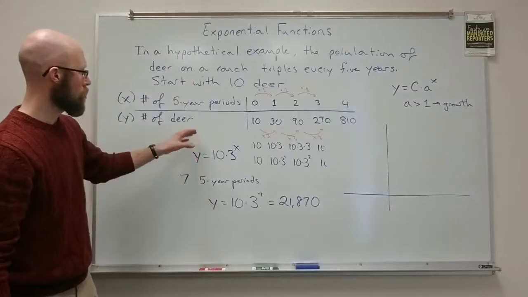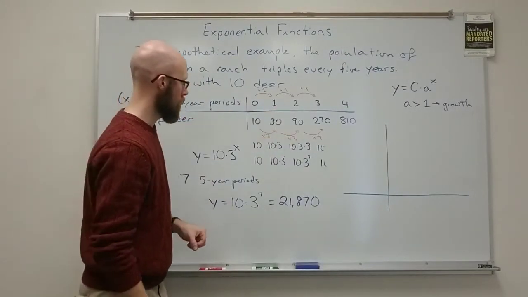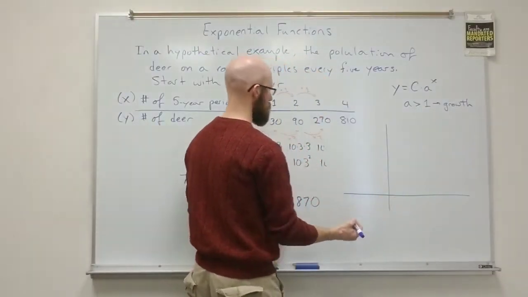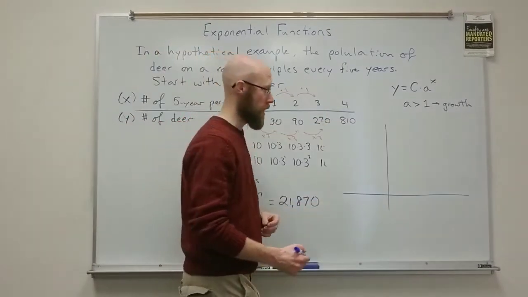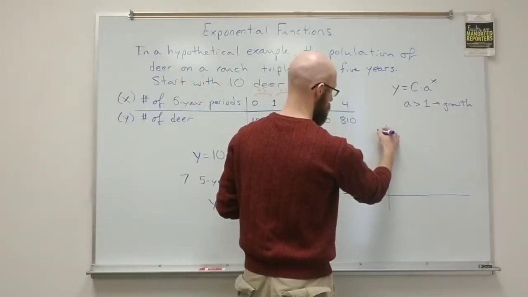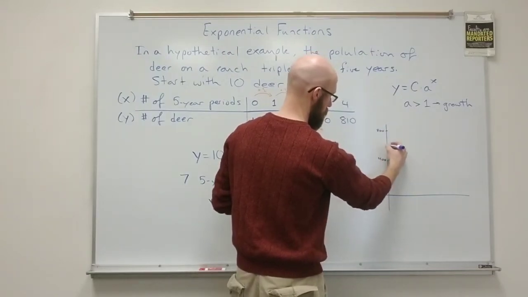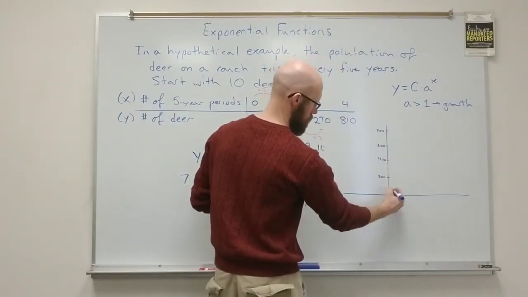Okay. What I could do is just start plotting these ordered pairs. If I were to have 0, 10, let's put 10 way down here. Actually, let's get up to 800 maybe, a little over that. I'll put 800 on the graph here. Then 400 is half that high. 600 is in between. I'm just going to get a few nice markings in here.